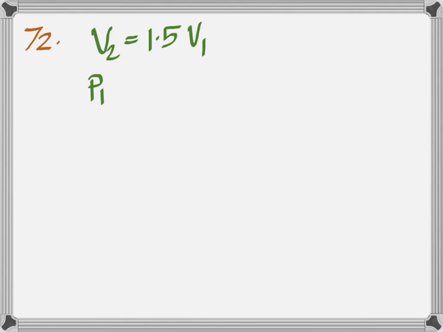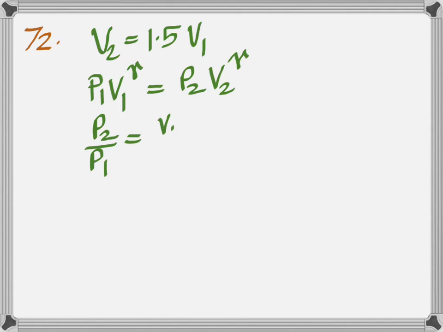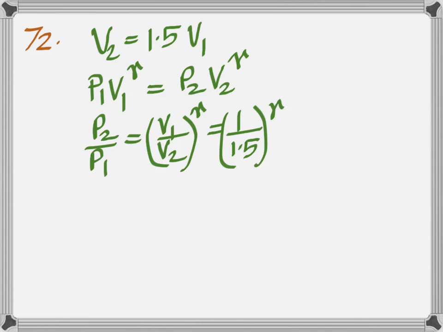Is this what is given? The final volume is 1.5 times the initial. Is that correct? Because it says increases by 50%, isn't it? Right. So there it is, the adiabatic equation. Rearrange it. And that is 1 by 1.5. You've got to be careful there.